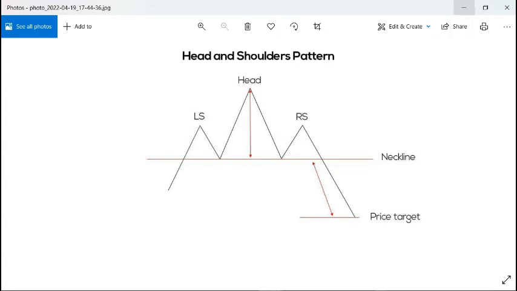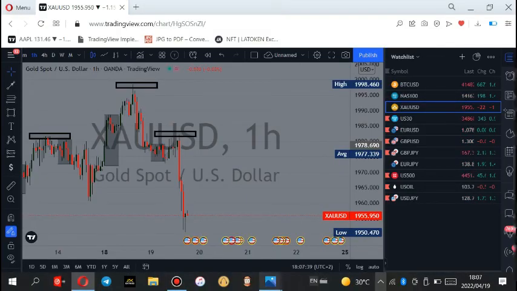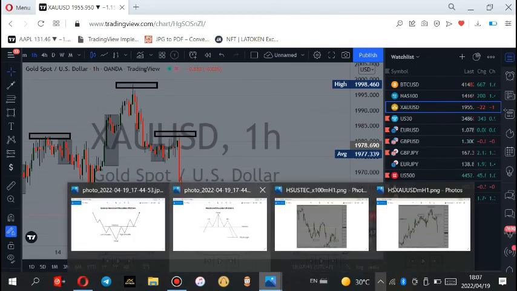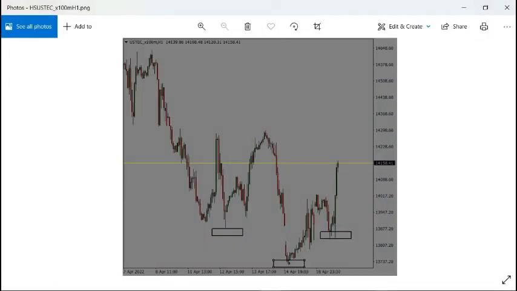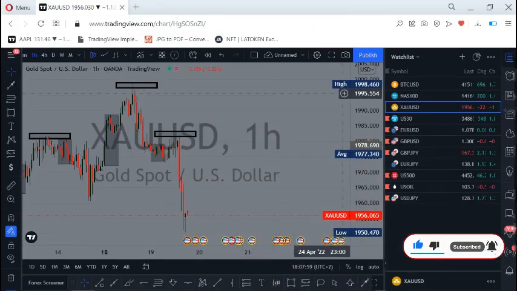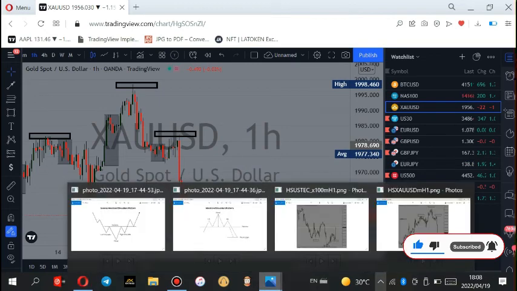These are not just patterns which I showed you, they're tradable patterns. Let's look at Nasdaq. So this was Nasdaq, head and shoulders. I took my entry right there and I went out here, and I got that small reward.